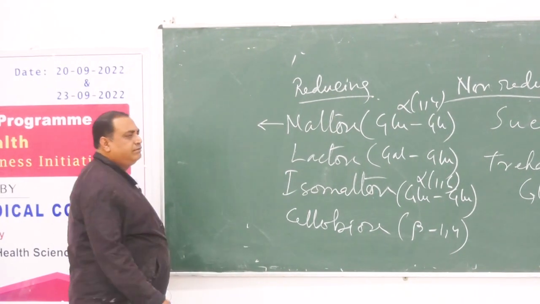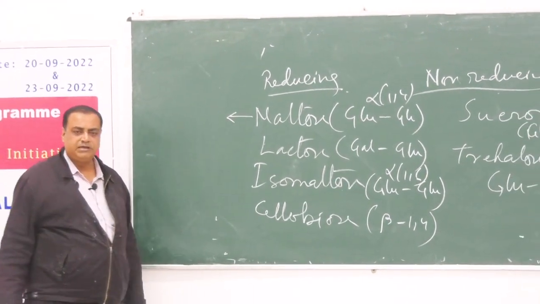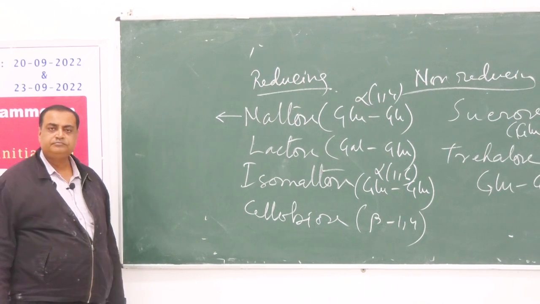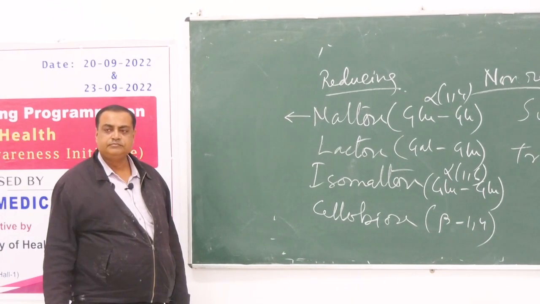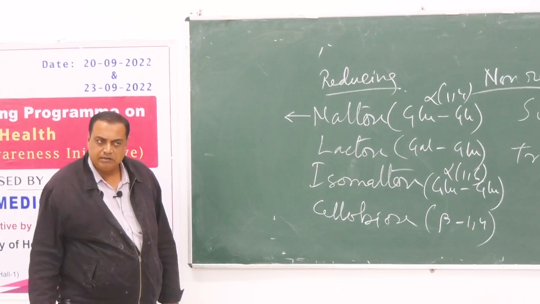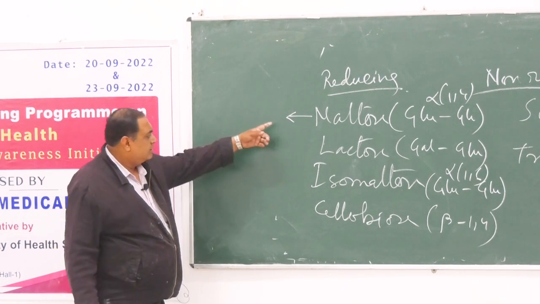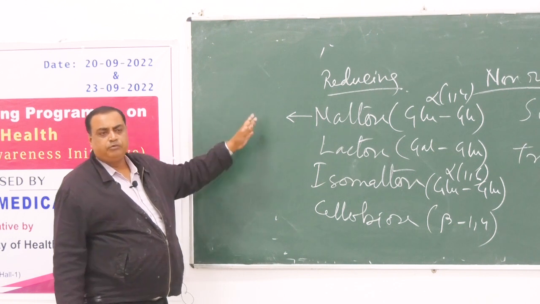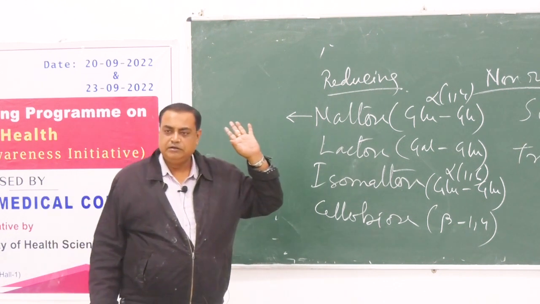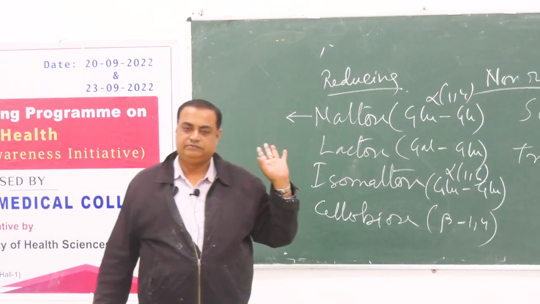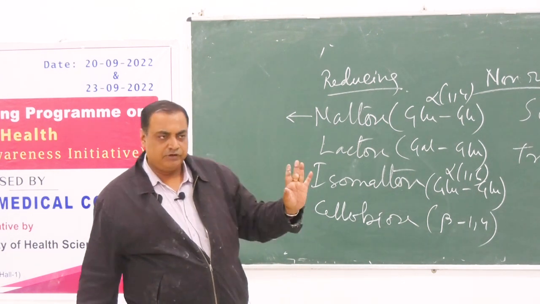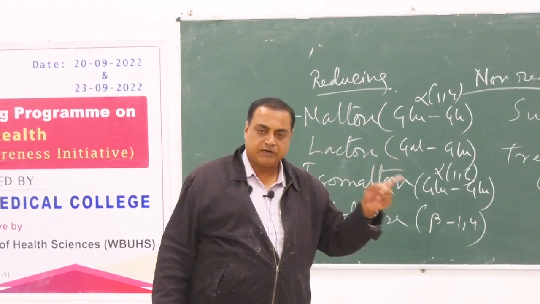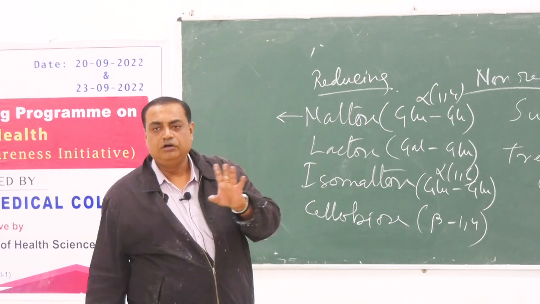Now, all these side by side, can we remember the actual chemical names? Let me help you. The actual chemical name of this molecule is alpha D glucopyranoside, alpha 1,4 glucopyranoside.